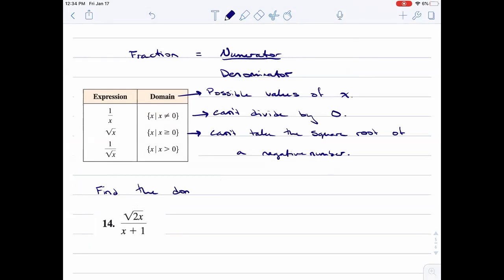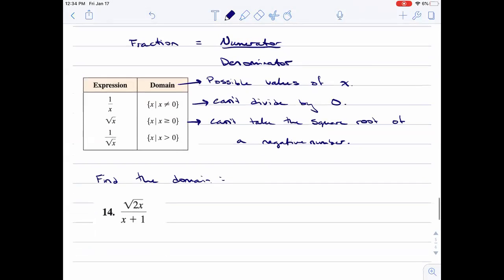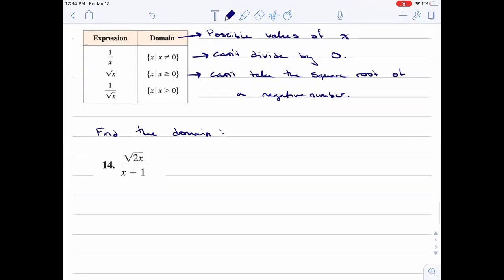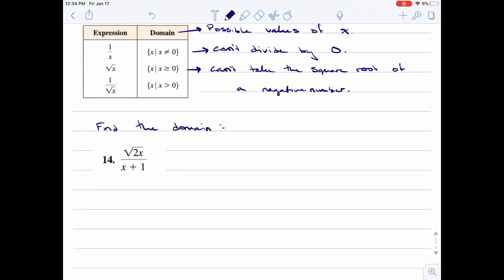Find the domain of the square root of 2x over x plus 1. Okay? So we need to keep those rules in mind.